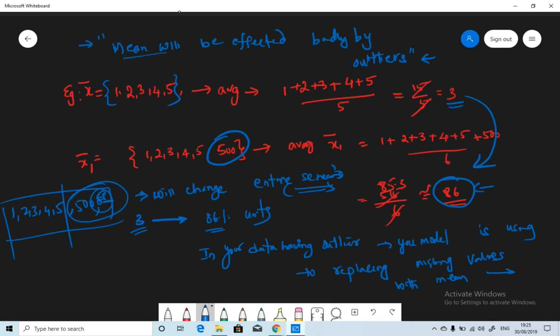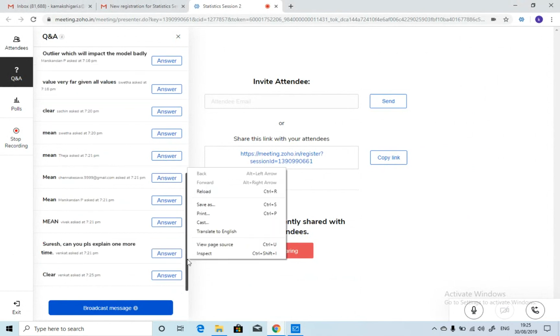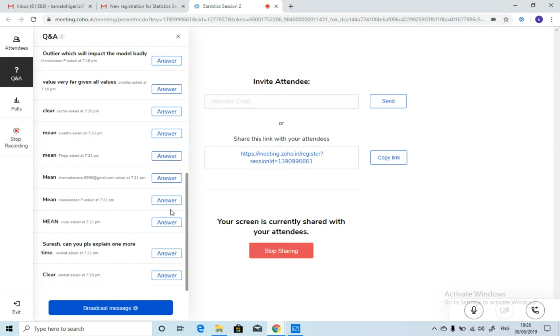Write down this point and highlight it. Venkat, clear? Everyone, Shweta, Manikantan, Sachin, Chennakesava, everyone, right? Okay, thank you so much.